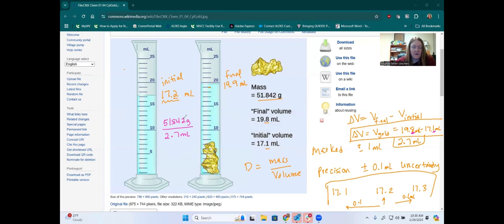When we're dividing, it's going to be mass divided by volume, and the significant figures are dictated by whichever one has the lowest number of figures. So in this case, 2.7 milliliters has 2 significant figures, just 2 digits, while the 51.842 is 5 significant figures. I only get to keep 2 in my answer, not 5.